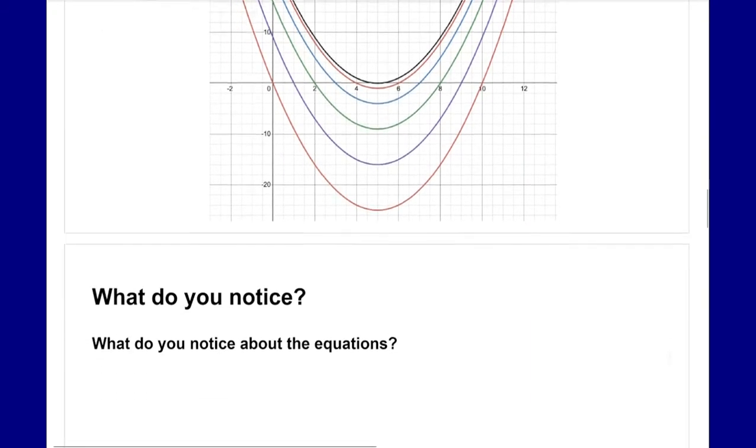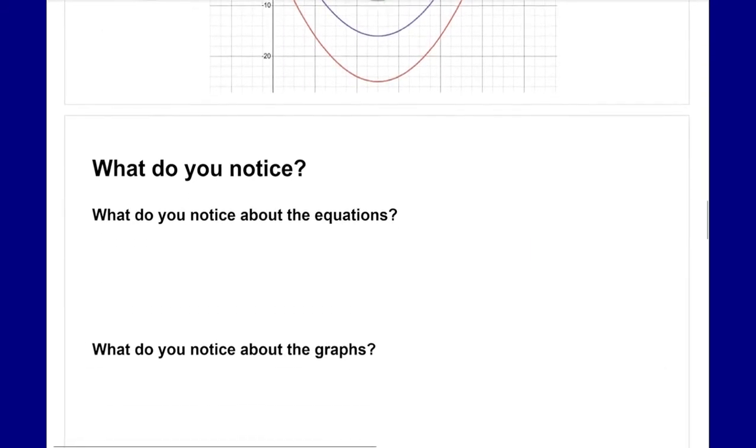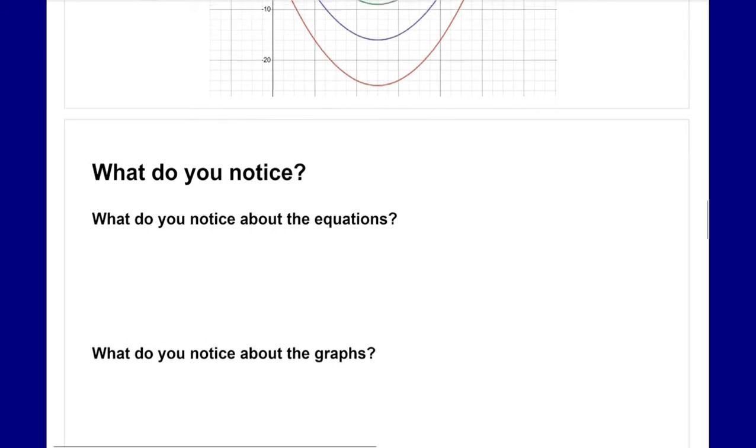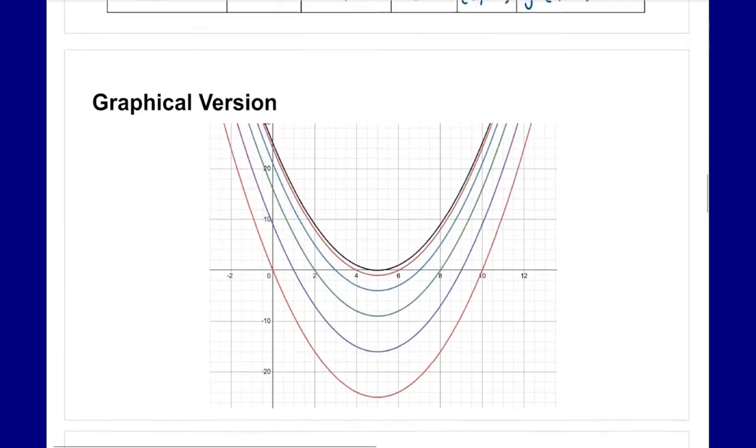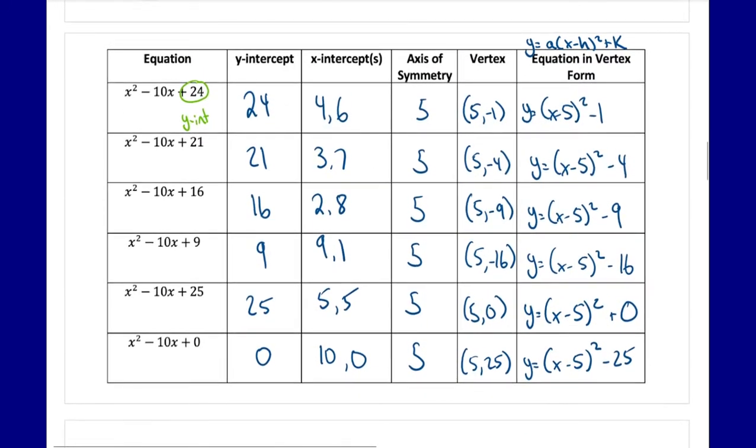And what do you notice? Is there anything that you notice about the equations and about the graphs? So let's go back up. Looking at all the equations on the left side, you can even look at the vertex form equations. There should be one or two things that you notice.